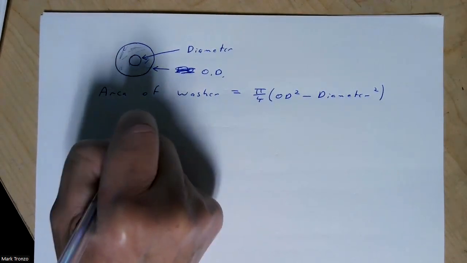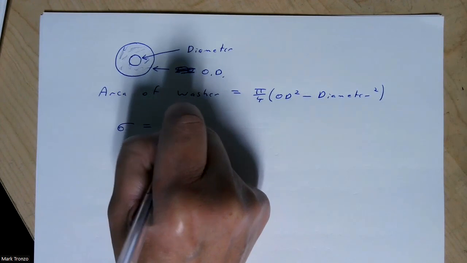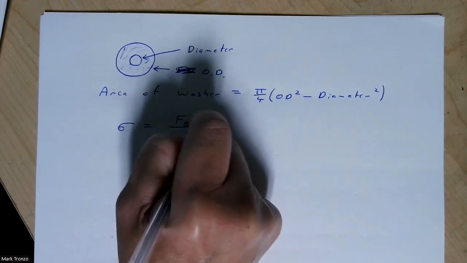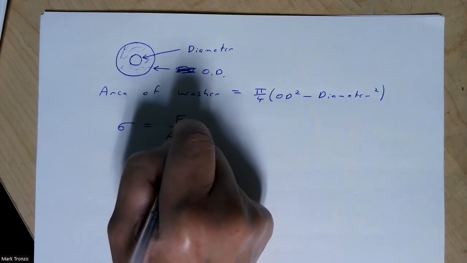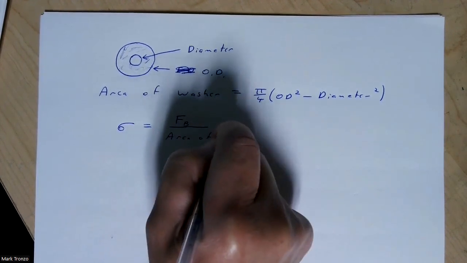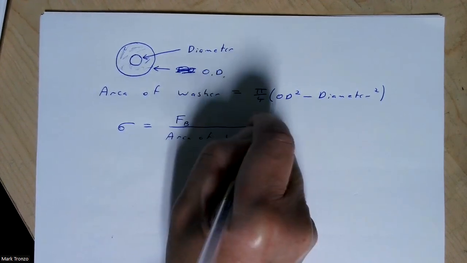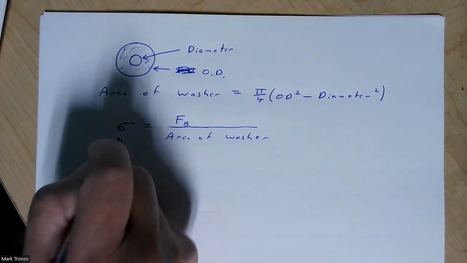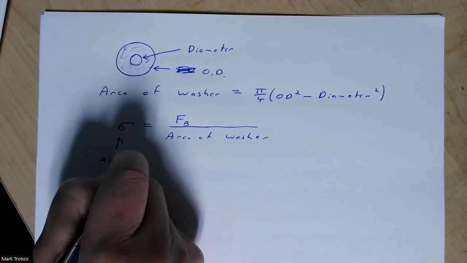Then, once again, go back to your equation, put your FB that you found here, and put the area of the washer here. And this, of course, will be the allowable bearing stress for the wood.